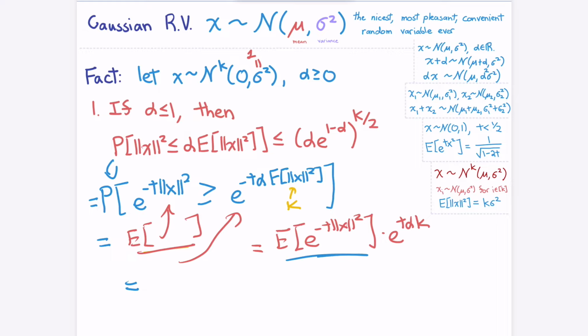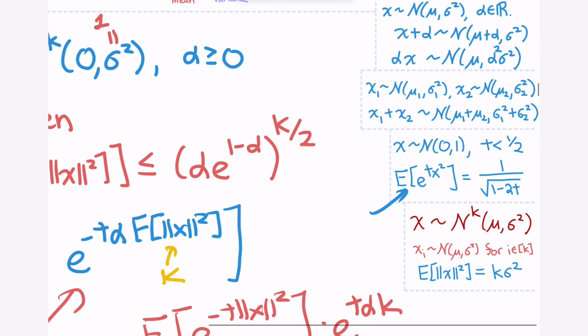So now we got to deal with this term. So okay, let's try to use this. The one thing to be careful about that inequality, which we do want to use, is that this is for a single Gaussian random variable.